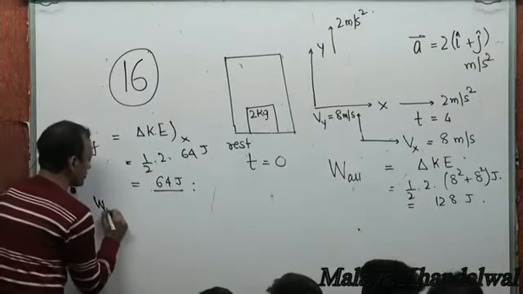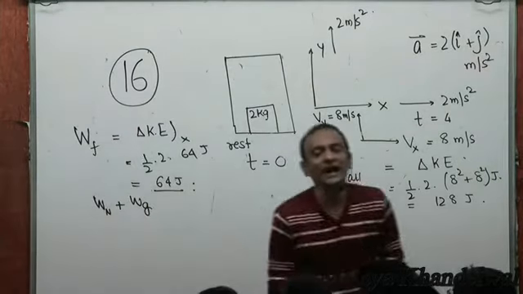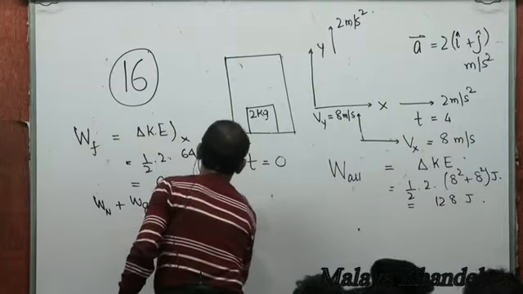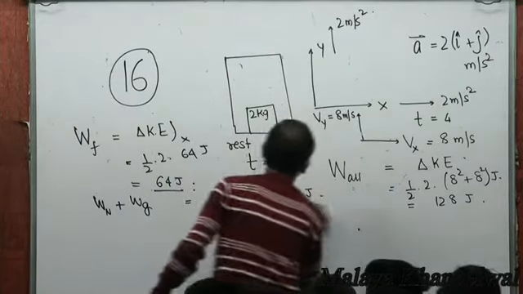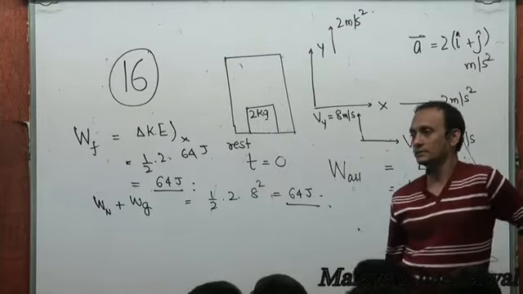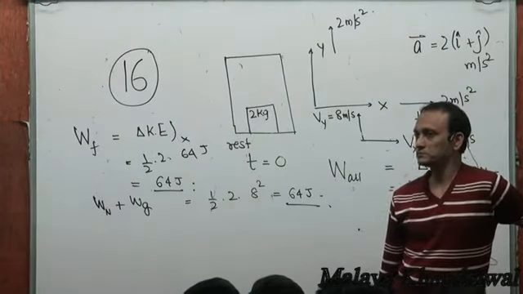Work done by normal reaction plus gravity, these are vertical forces, will be change in kinetic energy in the vertical direction. That means half of 2 into 8 squared, which is 64 joules, is the work done by normal reaction plus gravity. Perfect?